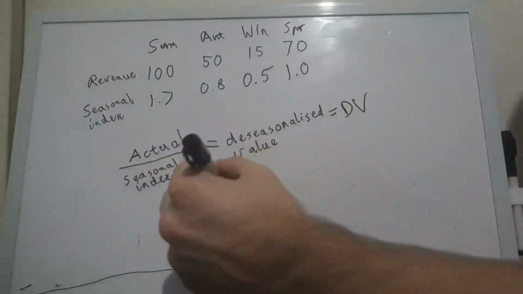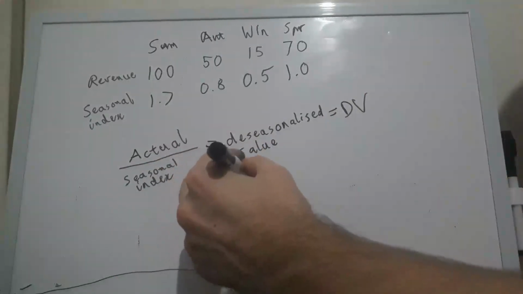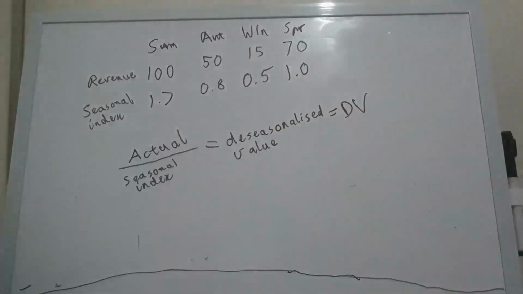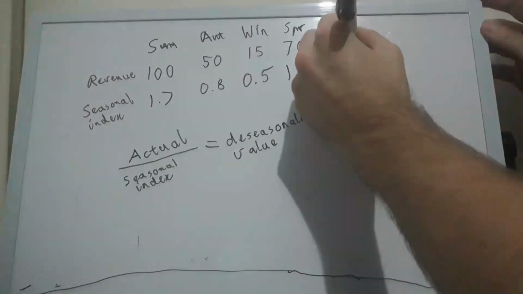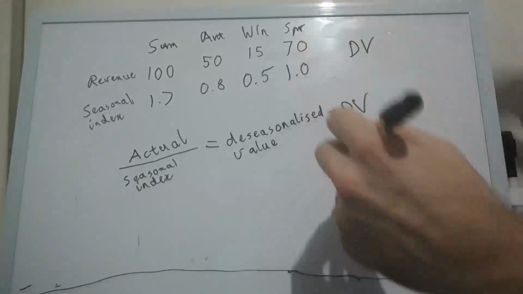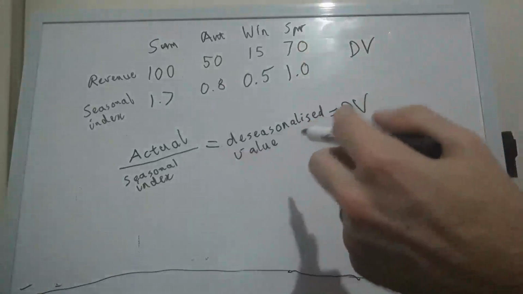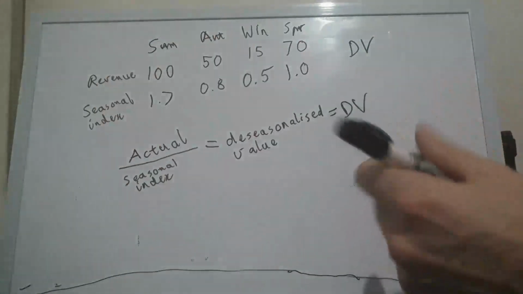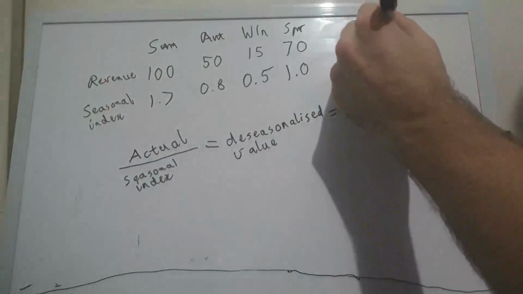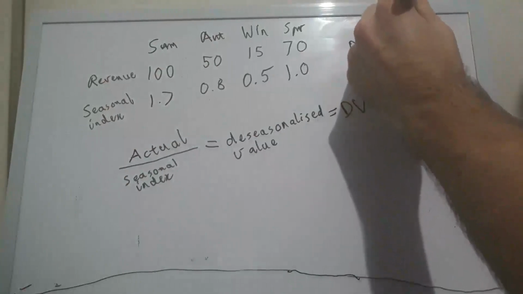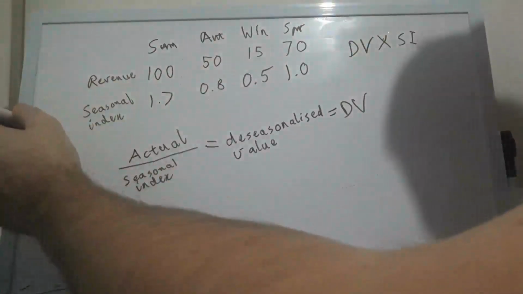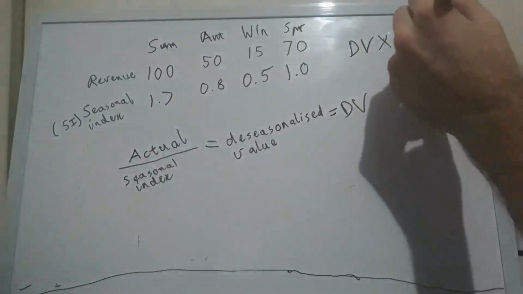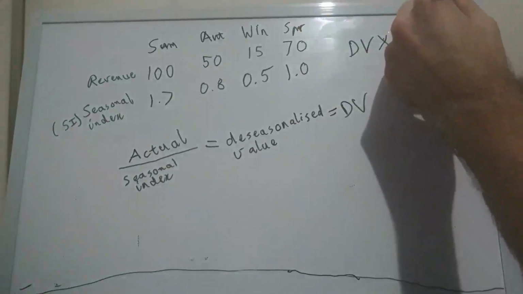If you know what your deseasonalized value is, and you want to work out your actual value, or in this case your revenue, you can multiply it by your seasonal index. SI for seasonal index equals actual.